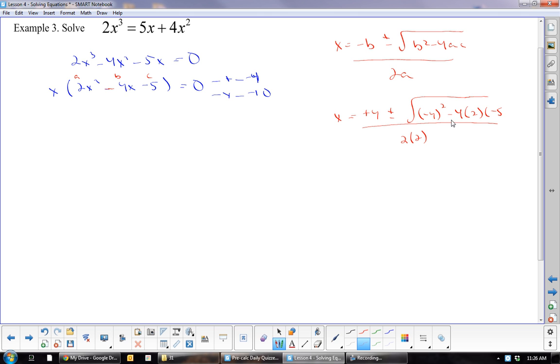If this is any positive number, we're going to get two answers, because 4 plus whatever that is, and 4 minus whatever that is. And we get no answers when this is negative. That means the graph doesn't go through the x-axis, because anything intersecting the x-axis is the answer. So just remember that is the discriminant.